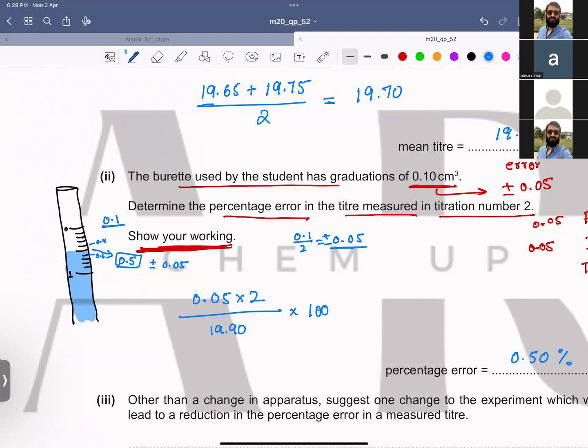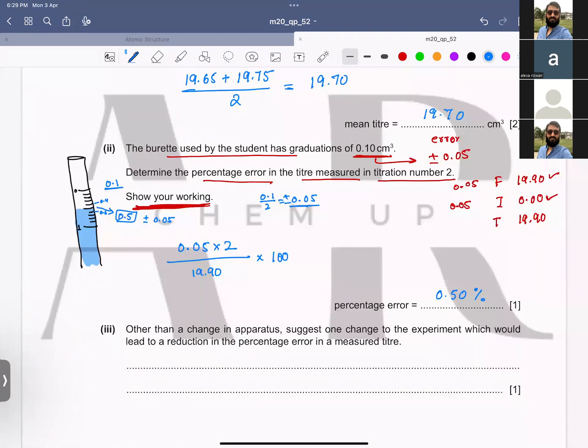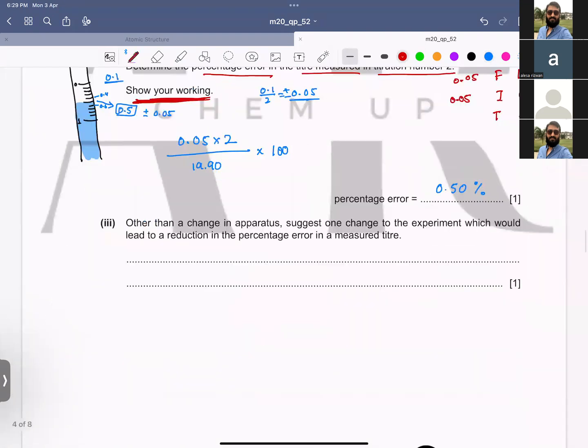Okay, if anybody else has any doubt, kindly ask. Okay, next part. Other than a change in apparatus, suggest one change to the experiment which would lead to a reduction in the percentage error in the measured titer. You are not allowed to change the apparatus.